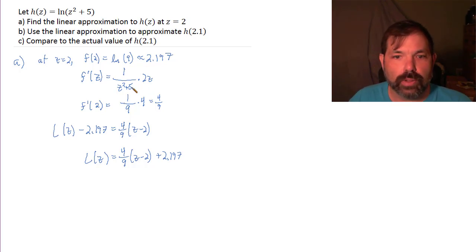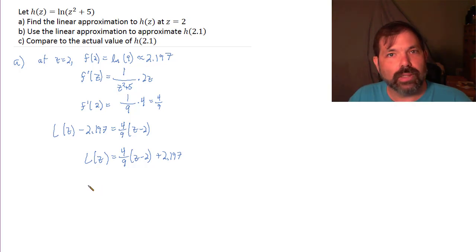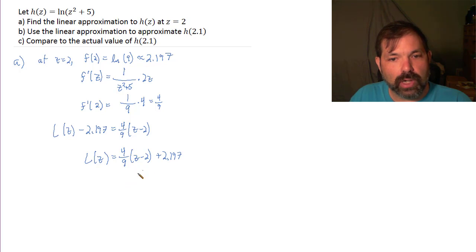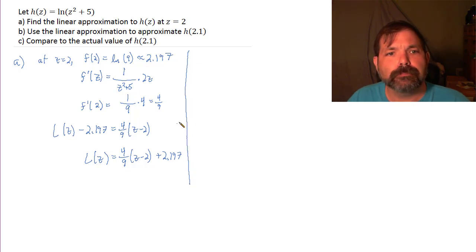And there's a good reason for this. Remember that this linearization is only useful near z equals 2. So we're going to be substituting a number near z equals 2, and so subtracting 2 in a sense gives us just the change. And don't worry, it'll make sense in a moment why I left it like this.